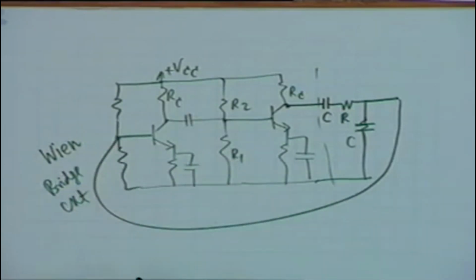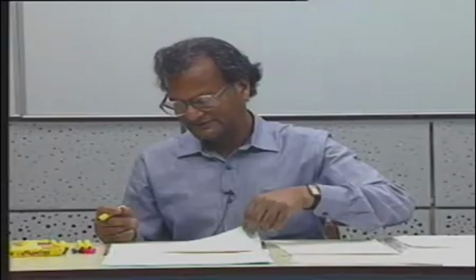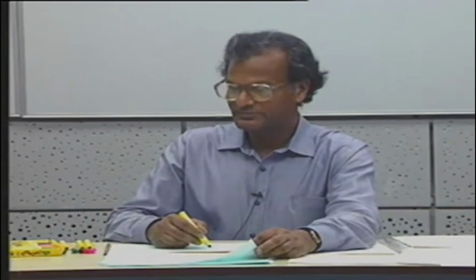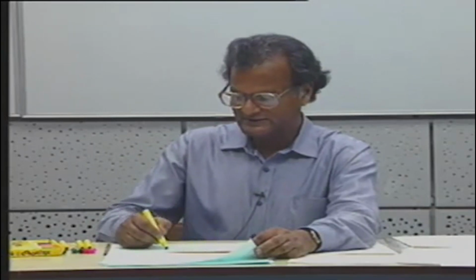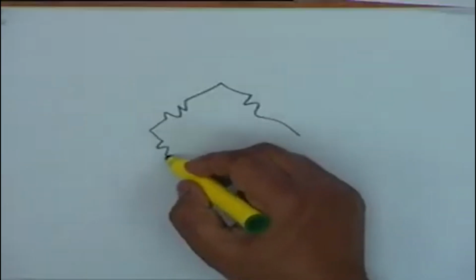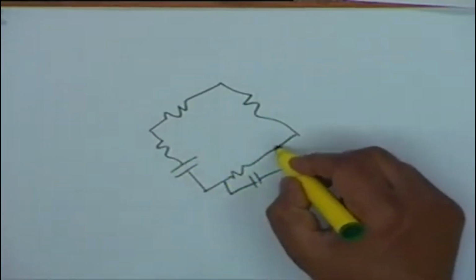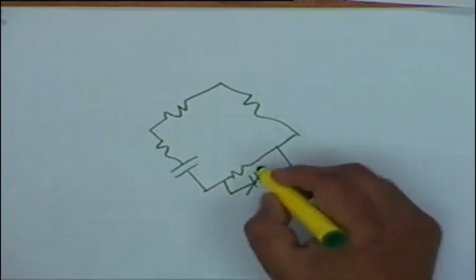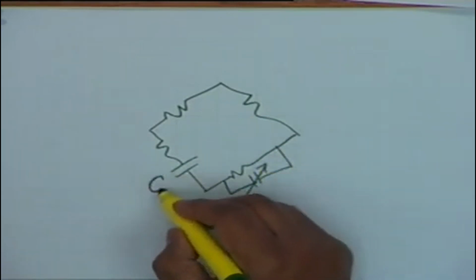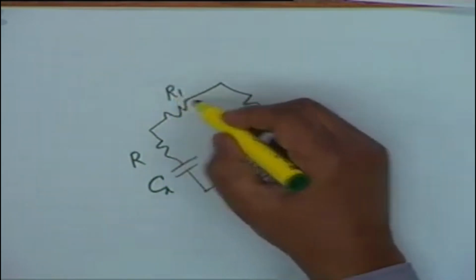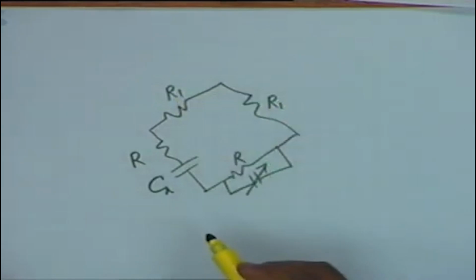The Wien bridge circuit. Do you know what is a Wien bridge? No. Well, it is a very useful circuit for measurement of capacitors. What one does is a Wheatstone bridge, then an RC and a parallel RC. This is the unknown capacitor Cx, this is R, this is R, R1, R1.